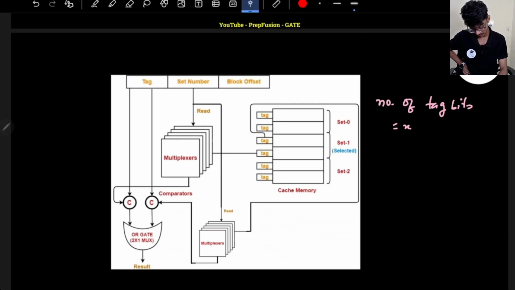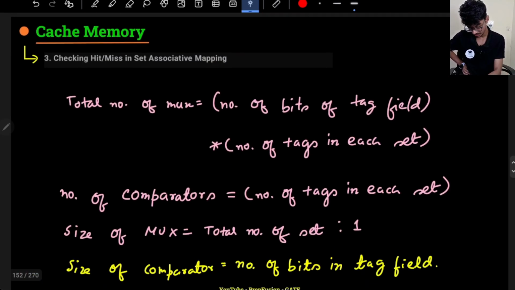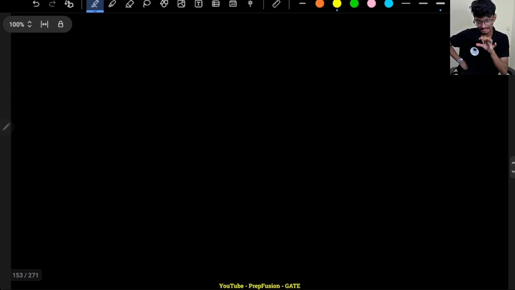So basically here, if you see OR gate, how many tags are there in each set, that will be the size of the OR gate.